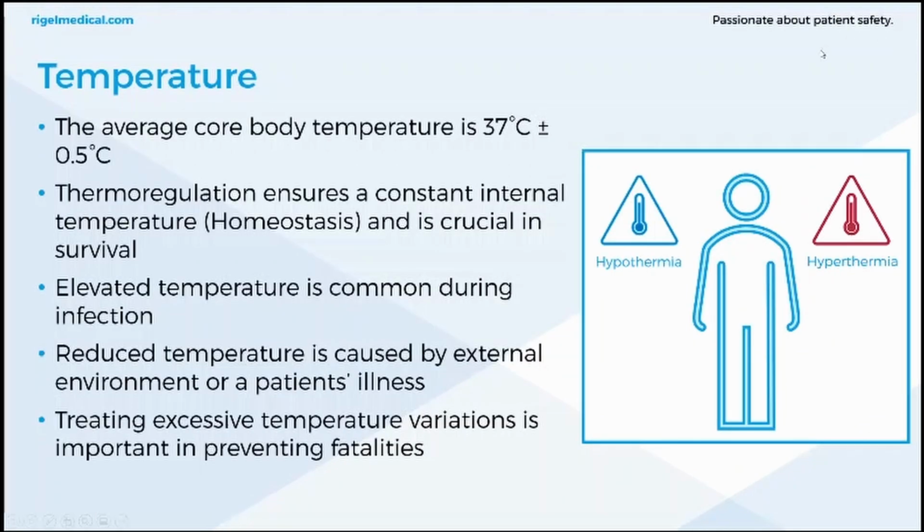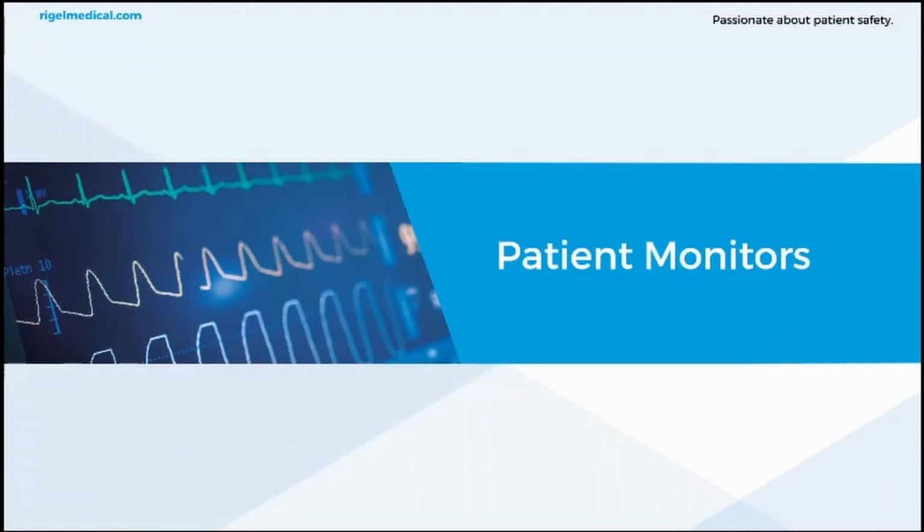And then also the diagram on the right. If you've got an excessively low temperature below the normal range, this is known as hypothermia, and if you've got an excessively high temperature, this is known as hyperthermia. So outside of the normal ranges leads to clinical conditions.